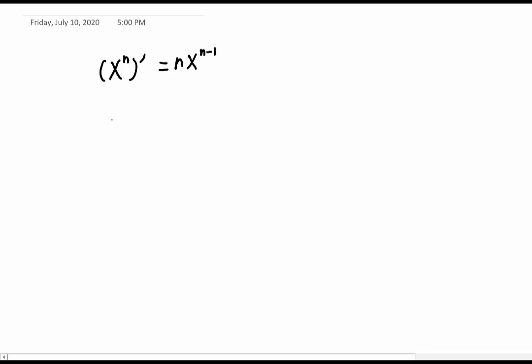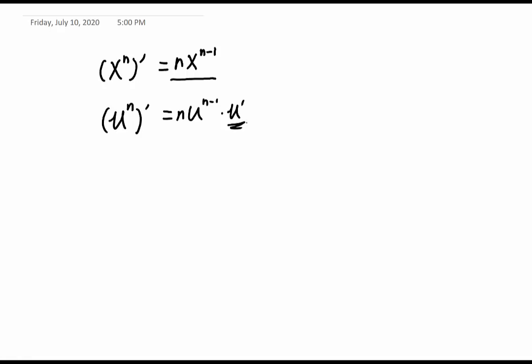If we have a function u to the nth power and take a derivative, we also follow the same power rule, which is n times u to the n minus 1, but we have to multiply by the derivative inside, which is u prime. So the only difference is we have u prime when we have a function u, a function of x.